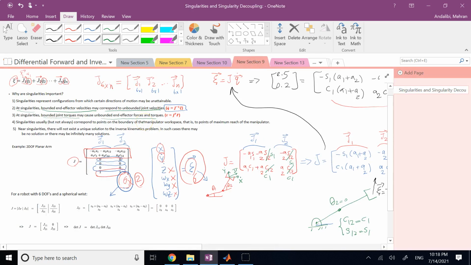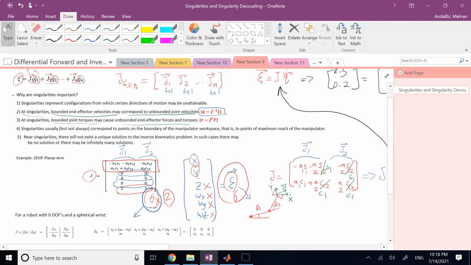So we have seen those, but there are other problems too with the singularities. Let me talk about the fourth item. It says singularities usually, but not always, are the points where your end effector is on the boundary of the workspace, or it is the maximum reach point of the manipulator.